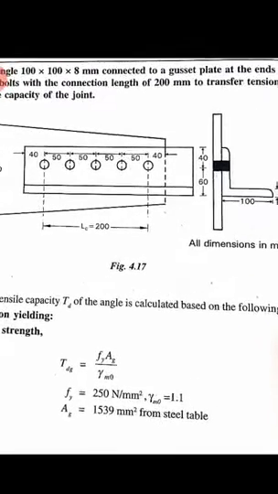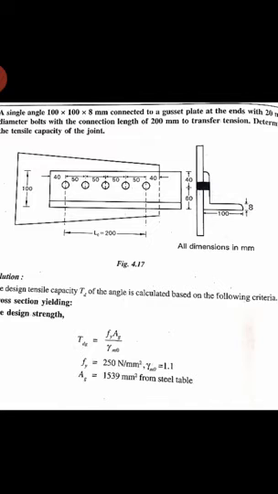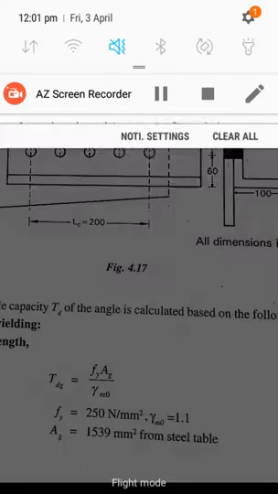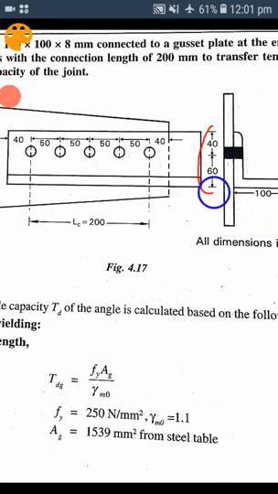Here the connection details are given, and all the dimensions are in millimeter. This 60 and 40 mentioned here, we have to take from the ISI handbook, that is, from the heel to the center of the bolt hole, what is the distance, or from the toe to the center of the bolt hole, what is the distance.